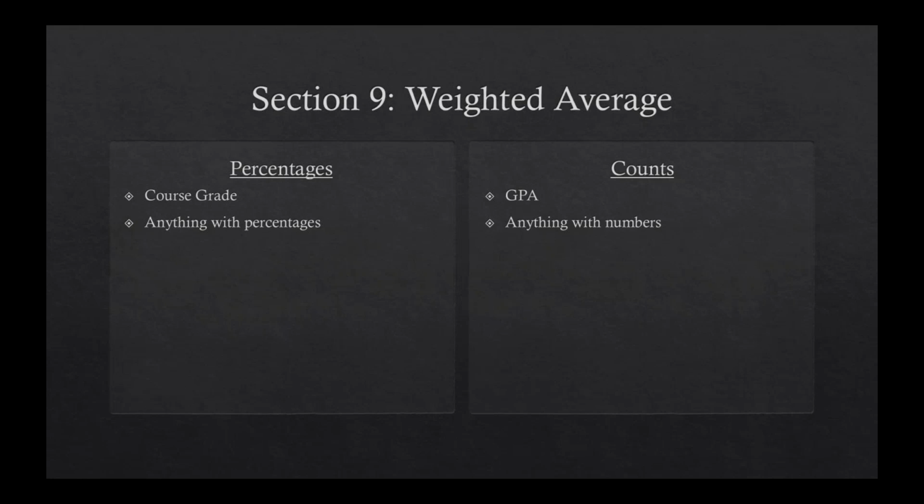Now, in section 8, we talked about a basic average. When you do the basic average, where you add up everything in front of you and you divide by how many there are, that assumes that everything in that category is weighted equally. If they're all weighted the same, then when you divide by how many there are, it works. But think about how this course that you are in right now is being graded, right?